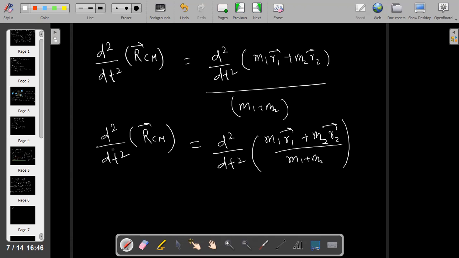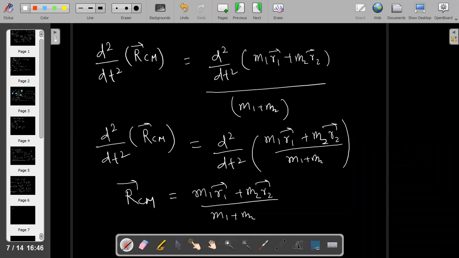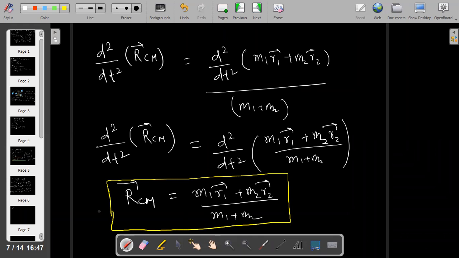So the d square by dt square cancels out on both sides. So the position of the center of mass will be m1 r1 plus m2 r2 divided by m1 plus m2. This is the position of the center of mass. Very, very important one.